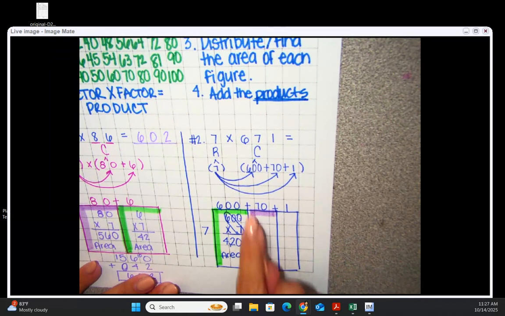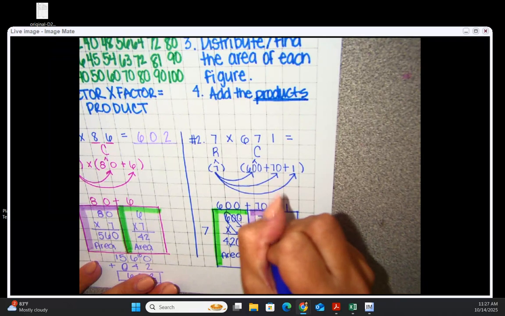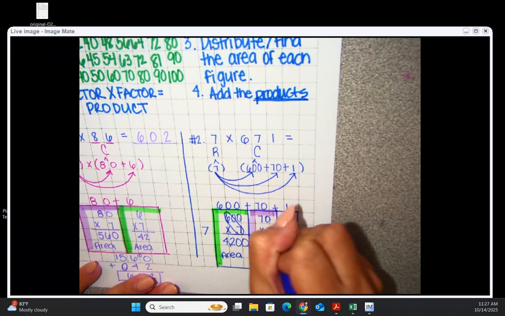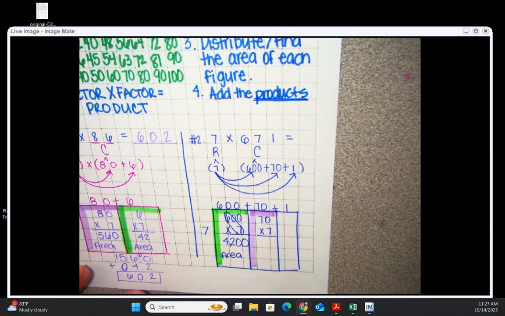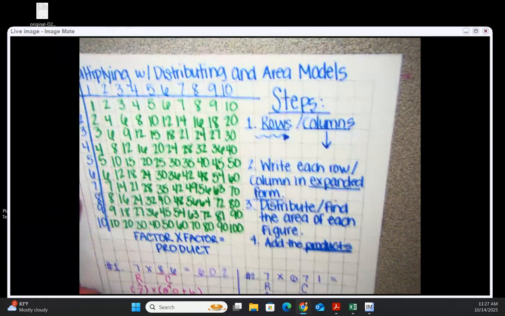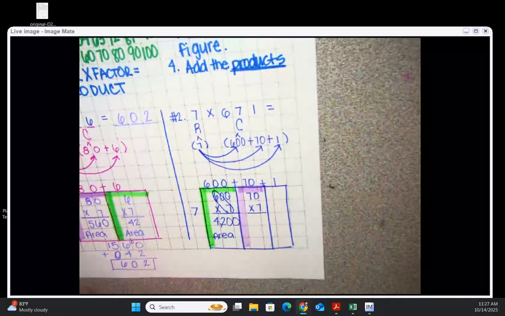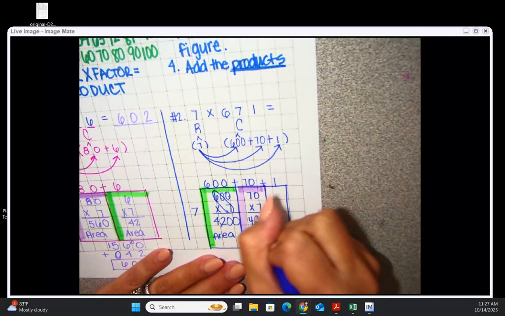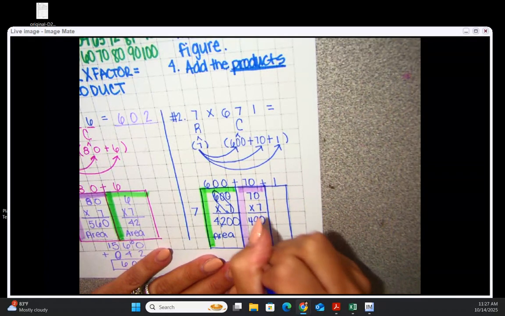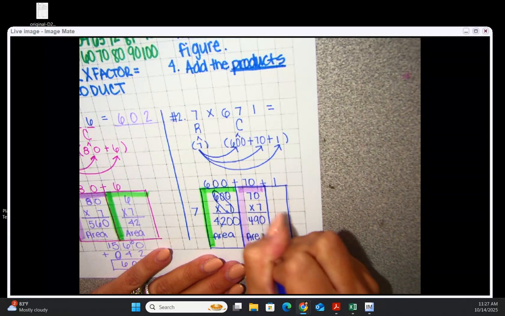But now my column says 70. So now I'm going to multiply 7 times 70. And if I don't know how much 7 times 7 is, 490. I have my multiplication table. 490. That is my area.